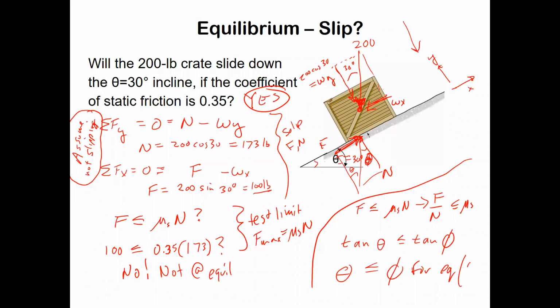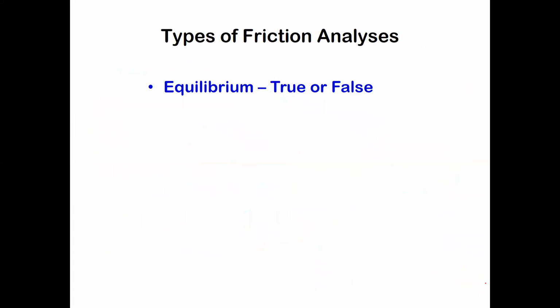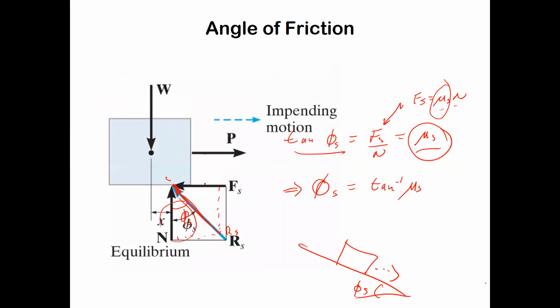That's called the angle of repose, for the whole thing to be stationary. This phi is the angle between the resultant and the normal force, and that is the arctangent of the coefficient of static friction.